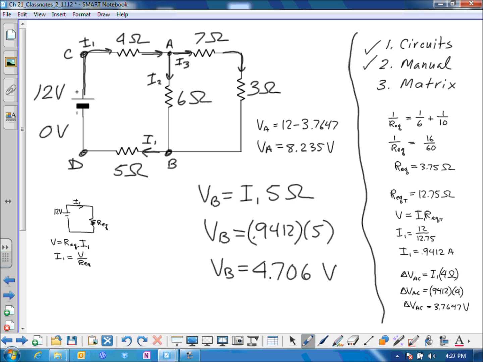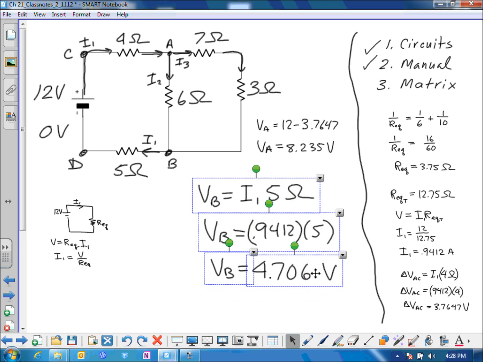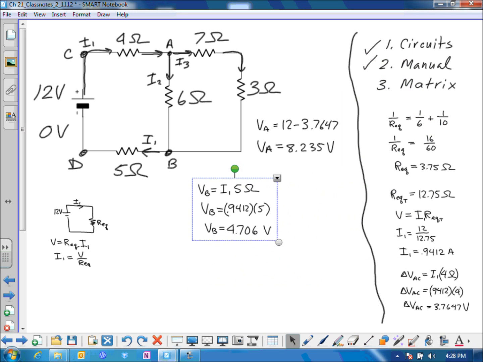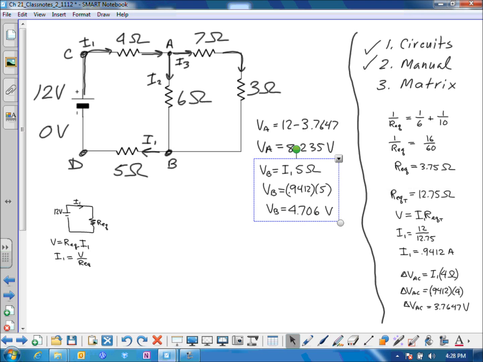Now, as before, we would want to find the drop across B, but since the voltage at node D is 0, the drop is in fact equal to the voltage at B.